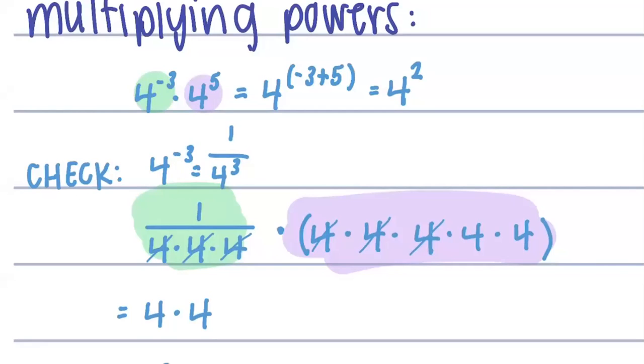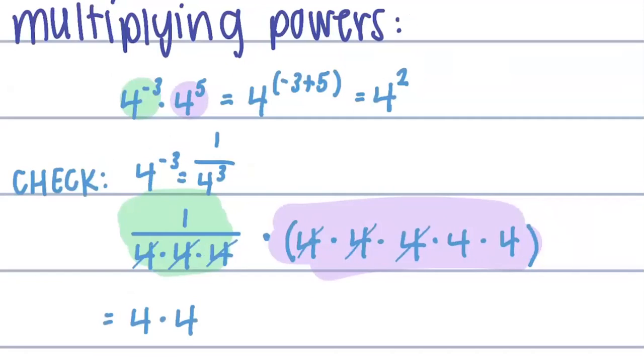If you have 4 to the -3rd, it's implied that there's a 1 under it, because dividing anything by 1 gives you itself. So 4 to the -3rd equals 4 to the -3rd over 1. If we flip that, you get 1 over 4 to the -3rd, and since we flipped it, the negative exponent becomes positive because you're putting it in the denominator. That's how we get that 4 to the -3rd equals 1 over 4 to the 3rd.